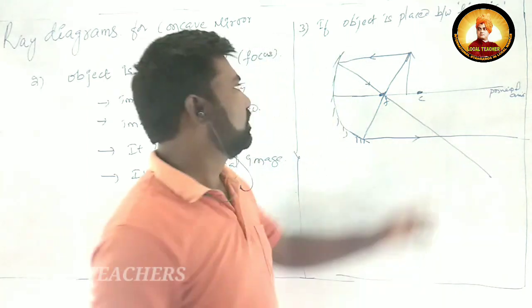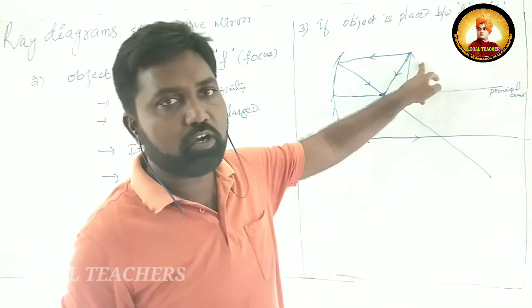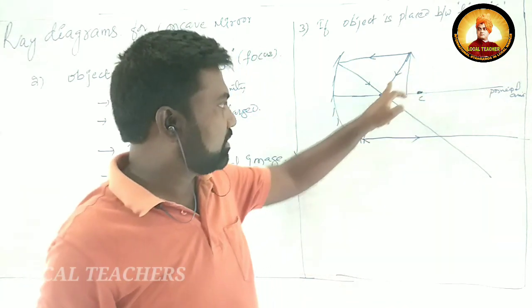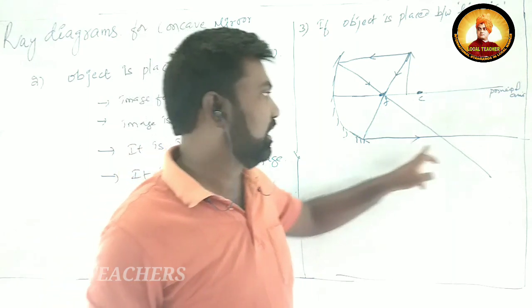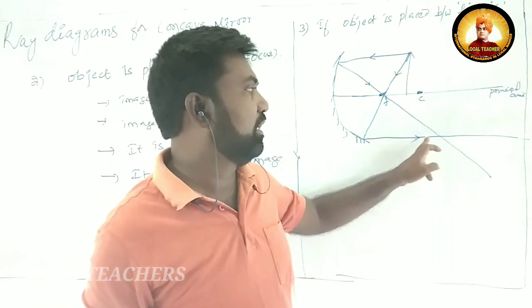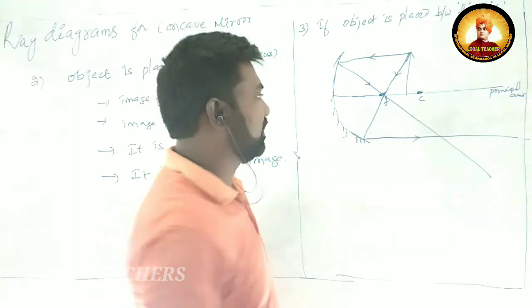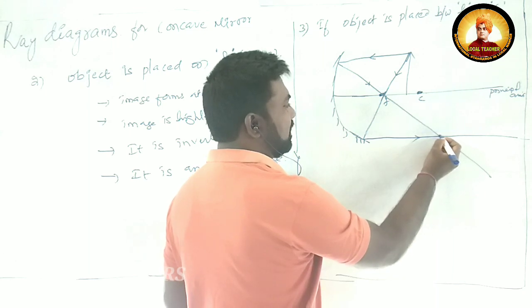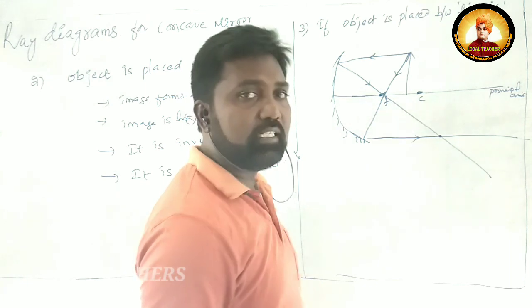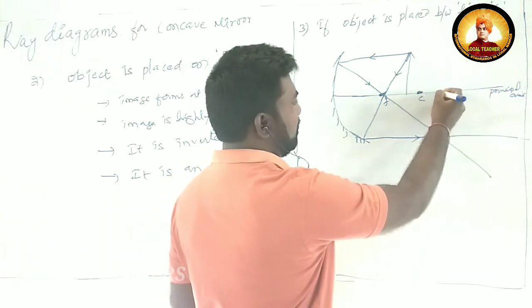So the second ray, which is considered from the top of the object, passes through the focus point. After reflection, it will travel parallel with the principal axis. Where the two reflected rays meet at a common point, the image is formed.